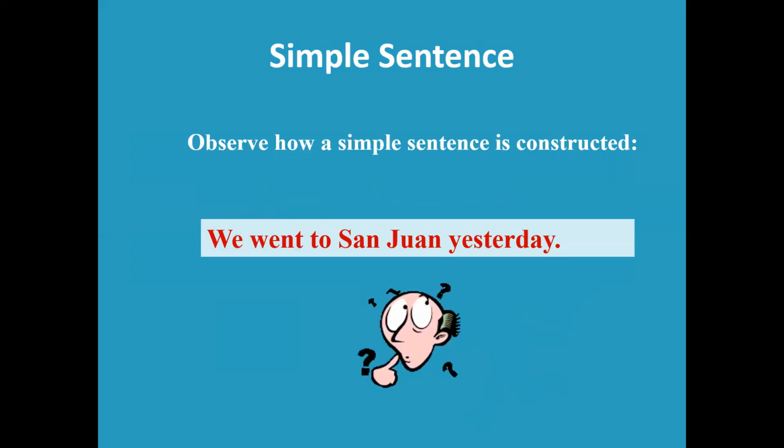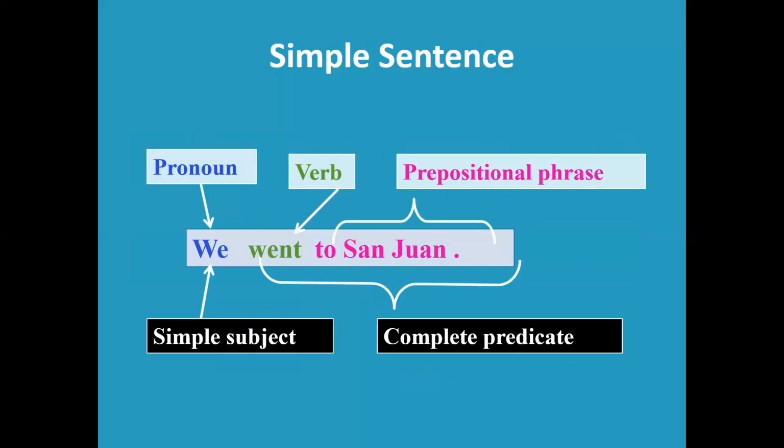Actually, in the simple sentence, we need to understand some very basic things. Now, just observe how a simple sentence is constructed, or how a simple sentence is modified by the individual speaker.